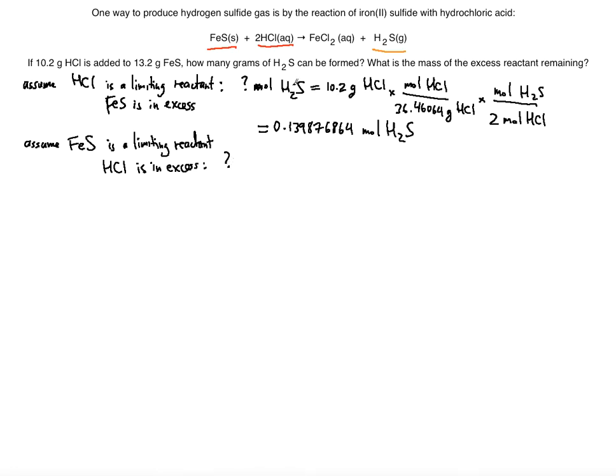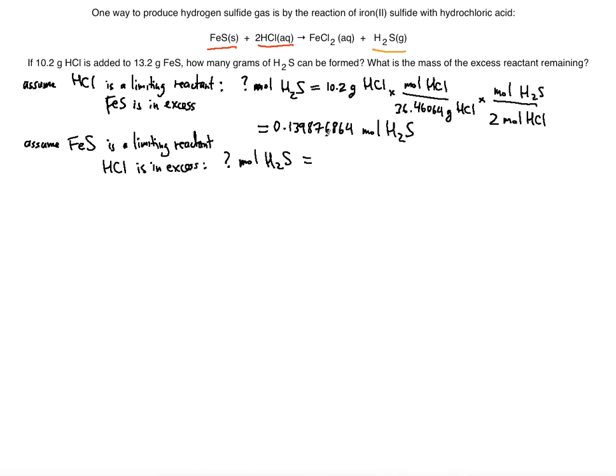So again, we have to find the number of moles of the product. So this time I'm going to take 13.2 grams, right, because you're trying to find the number of moles of the product using the iron(II) sulfide, right?